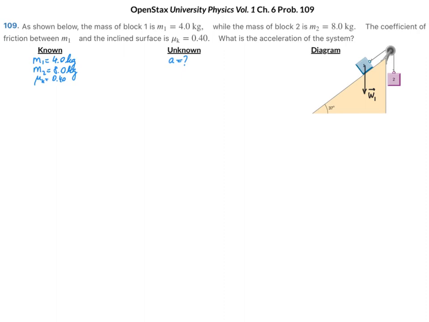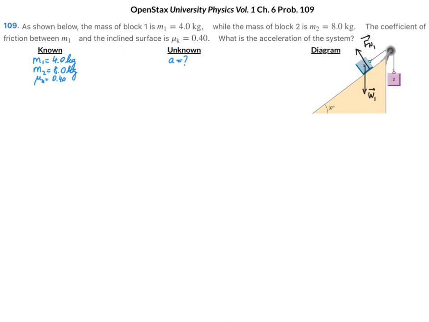It's a contact force, and it's called normal because it's perpendicular to the surface of contact between the two objects. So I'm going to draw the normal force perpendicular here. This is going to be Fn, and I'm going to call it 1 because I like to use subscripts for my different masses so I don't confuse the different forces.